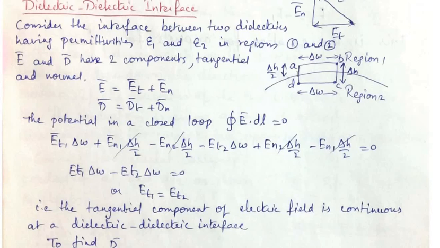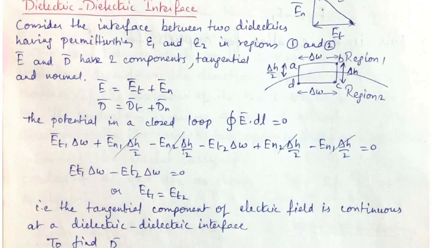Next, from the boundary to A. This field is going away from the boundary, so we need to put a minus here, EN1, because it is in the region 1 and the distance is delta H by 2. So equate this to 0. Now these two terms are cancelled, plus EN1 delta H by 2 and minus EN1 delta H by 2.